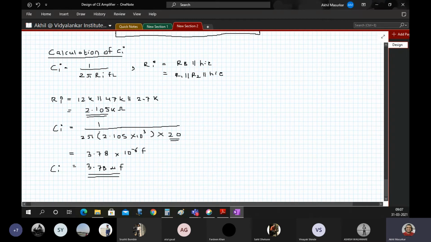So you can see Ci is actually connected between Vin and VB. Vin will be very small, in millivolts because it is the input signal, and VB we have just calculated, it is 3.84. So the voltage drop across Ci is going to be 3.84 minus something in millivolts.